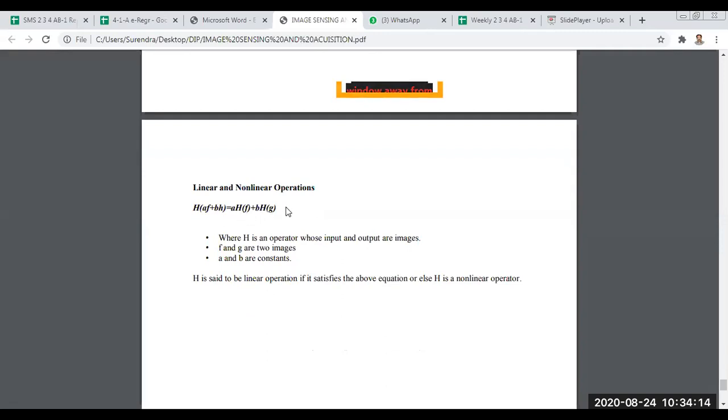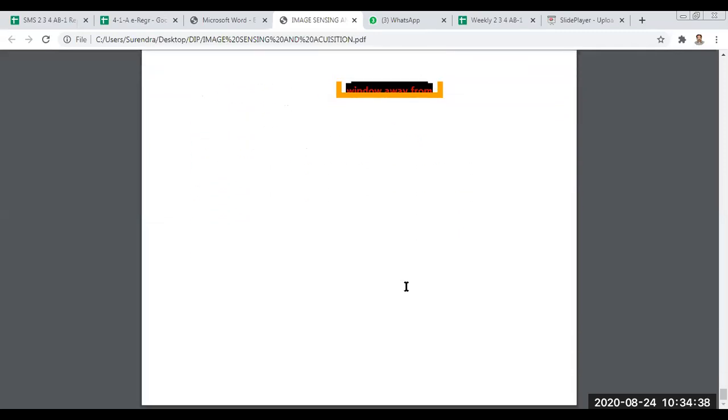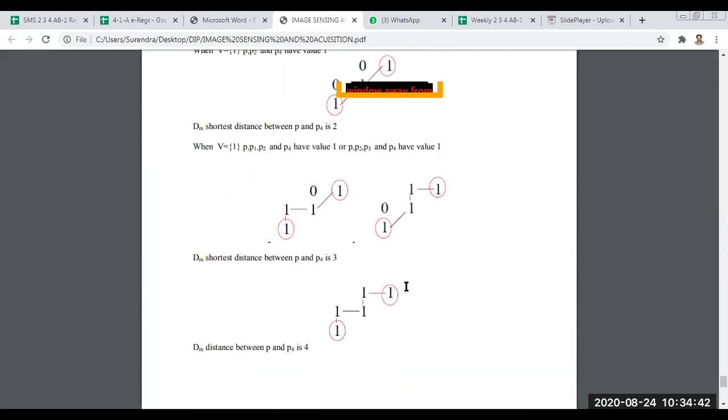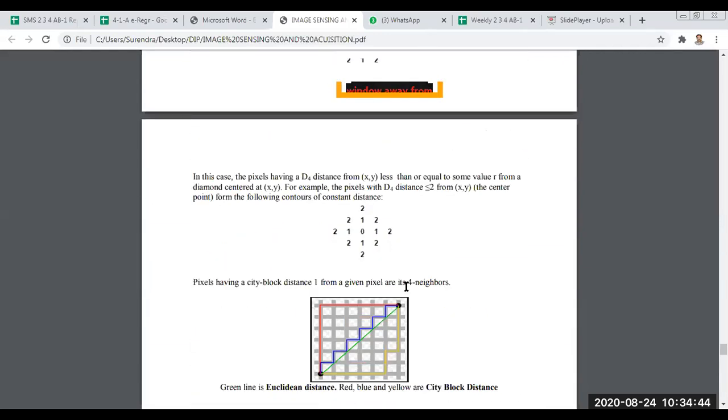So here the pixel values are multiplied or transformed, and here H is said to be a linear operator. This linear operator may be multiplication, addition, subtraction, whatever it is. Depending upon your requirement of image processing, we use these linear and non-linear operations. Okay, with this we are completing our basic relationships between pixel values.